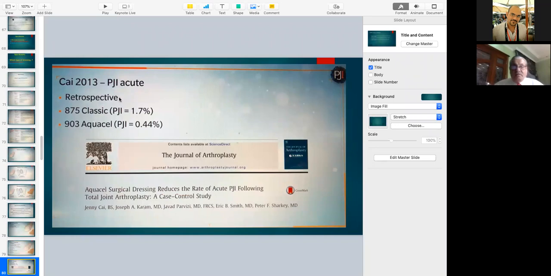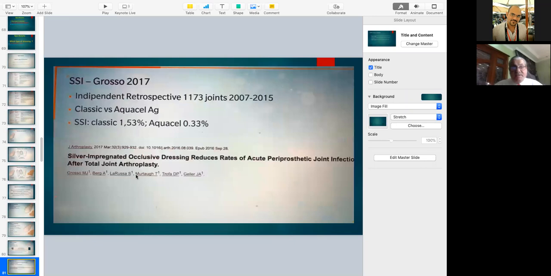There is research on 875 patients for classic and 930 for the modern dressing. Look, the percentage of PJI dropped from 1 to 2.5 when using the modern dressing. For Gross, reducing the percentage of infection from 1.5 to less than half.